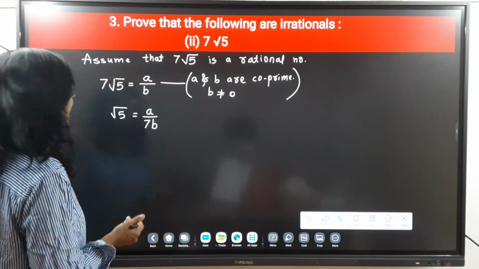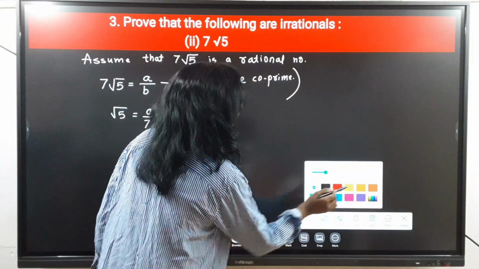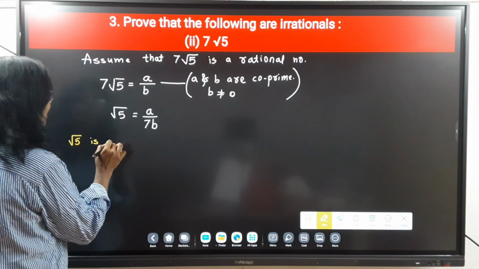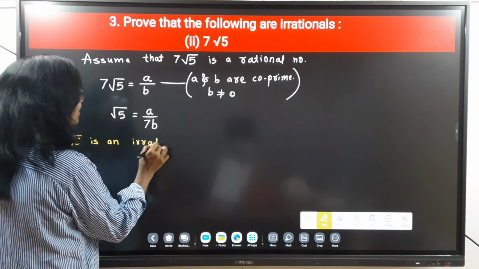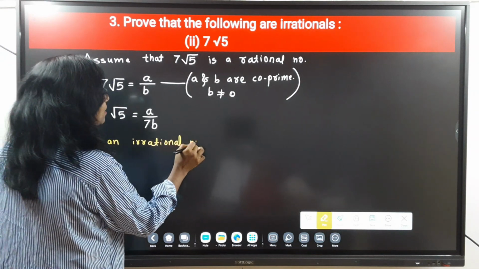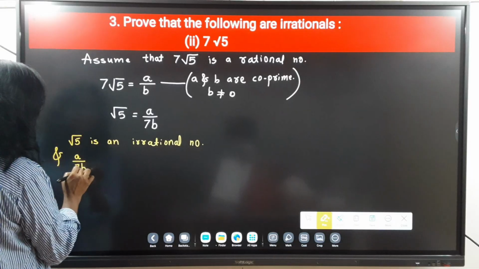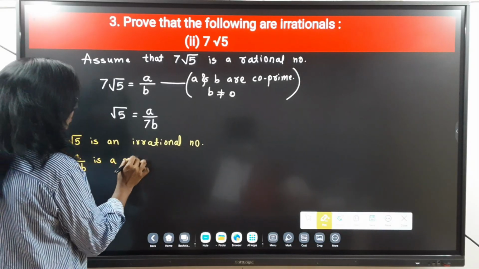Okay students, so first we write down that root 5 is an irrational number, and a upon 7b is a rational number.